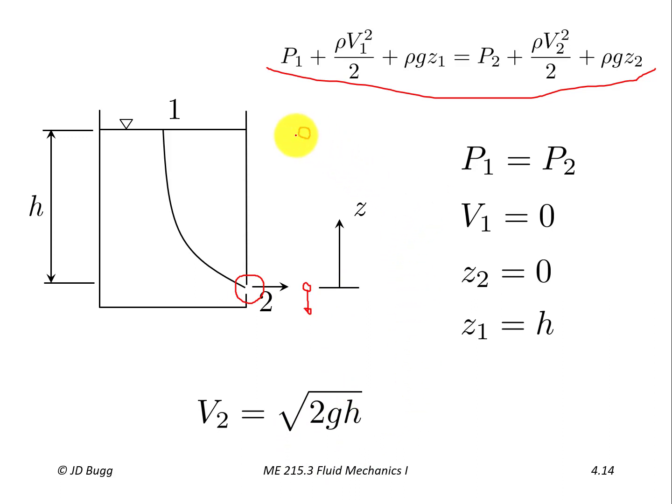You'd be equating the potential energy up here at state 1, that rho g z1, with the kinetic energy down here at point 2. So you'd be equating kinetic and potential energy. You would solve for the speed of that ball as it gets down at the origin of the coordinate system. So it's exactly the same thing.